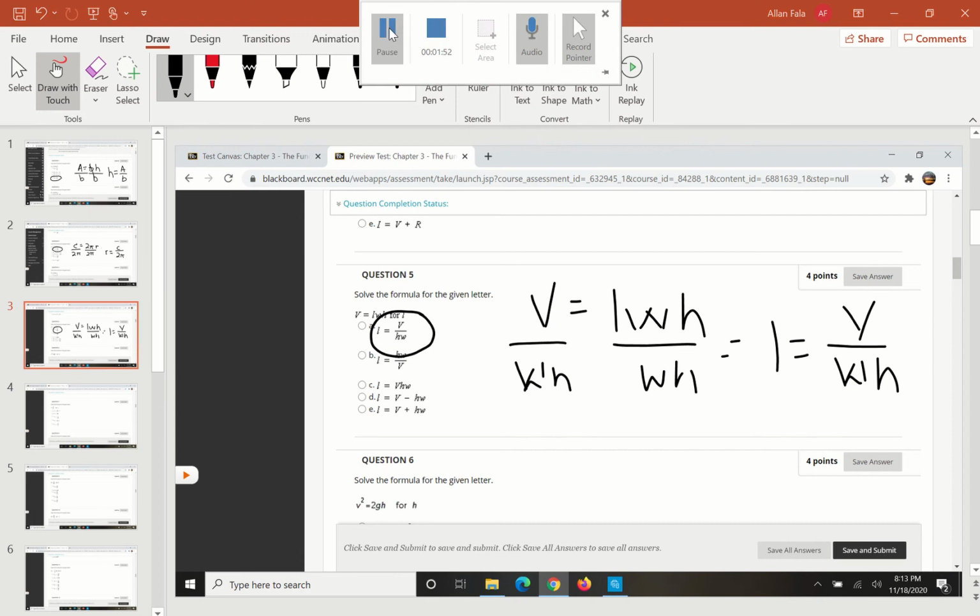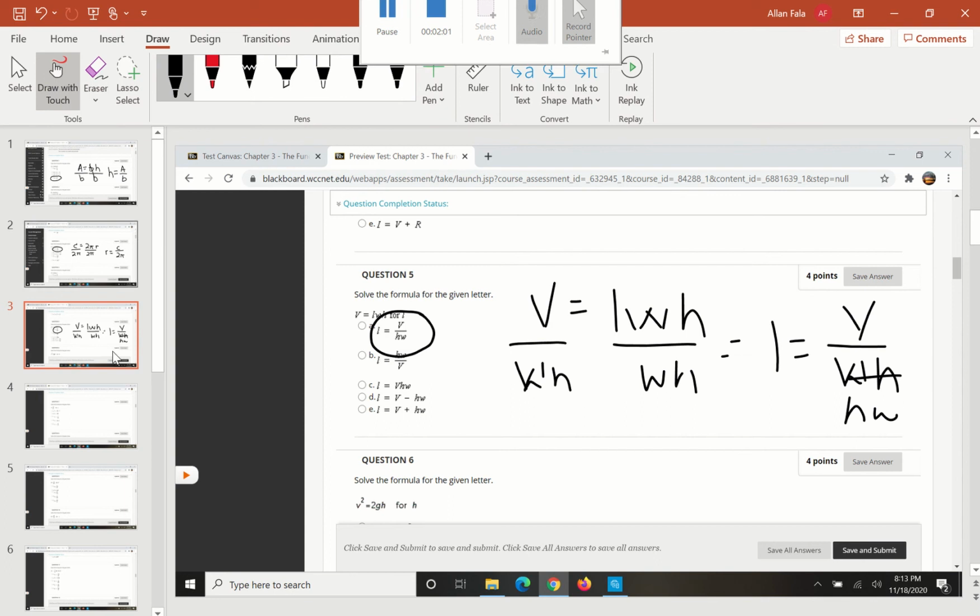I notice that the actual answer is V over HW, so that can be rearranged to where it is HW.